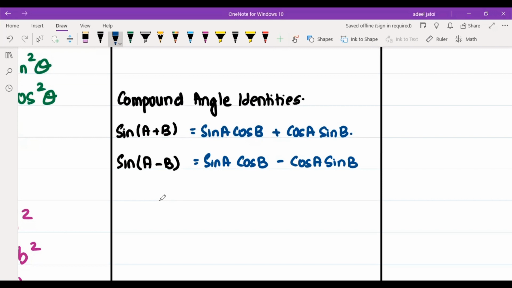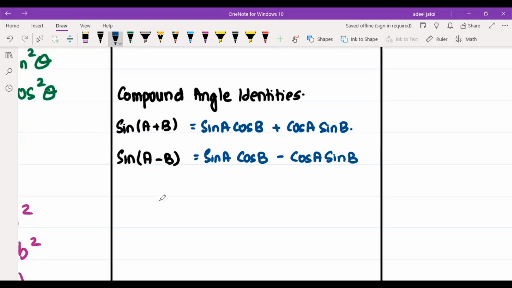If it's plus in the given question, we write plus; if it is negative in the given question, we write negative.